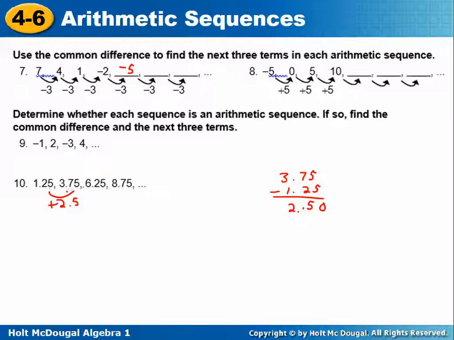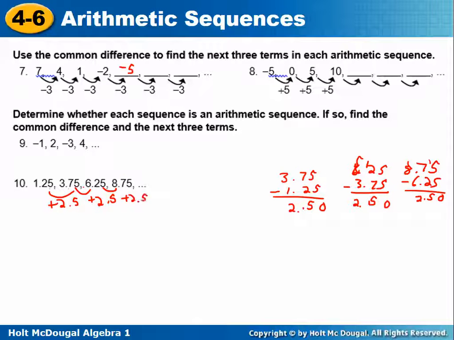Now we don't know if this is an arithmetic sequence yet, so now we need to check if that's the same from 3.75 to 6.25. So we'll subtract again, and you can use a calculator to subtract if you'd prefer that. And we get 2.5 again. Now we'll have one more check to do, and that is 8.75 minus 6.25, and that's also plus 2.5.